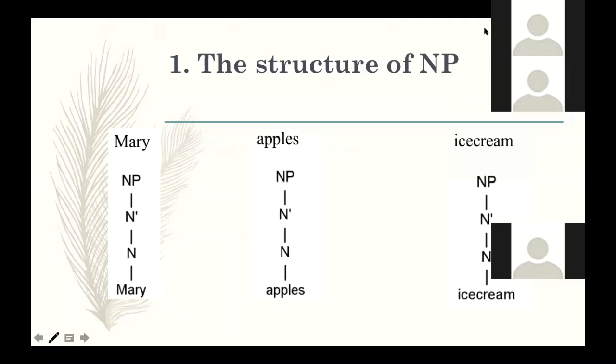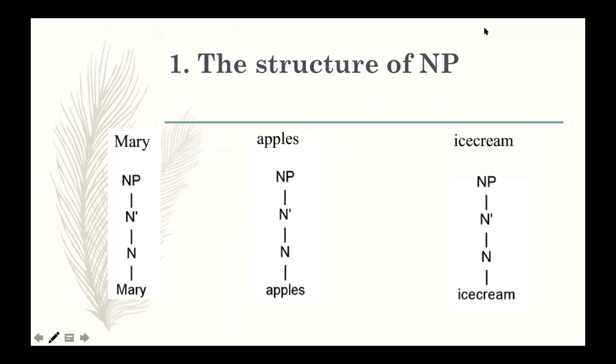Now, first of all, let's look at the structure of the NP. Last time we had the VP, and as you remember, for the VP, we have the V as the head of the VP, and we do not put the tense into that. No matter what sentence we have, we just use the bare form.